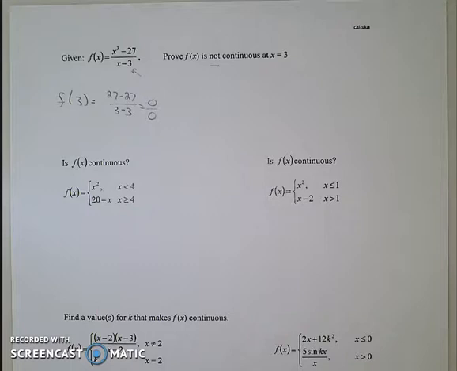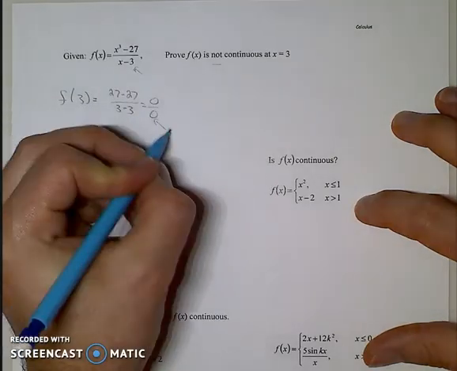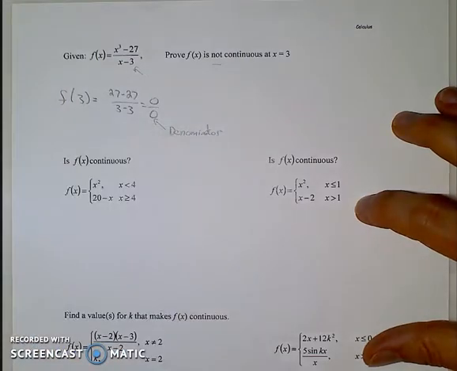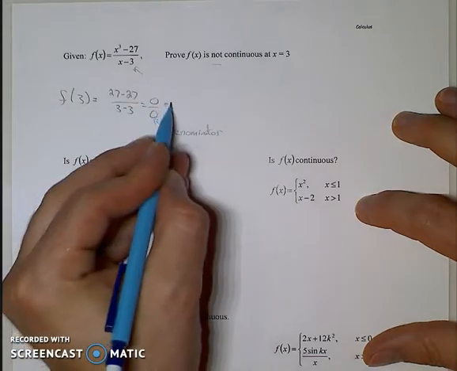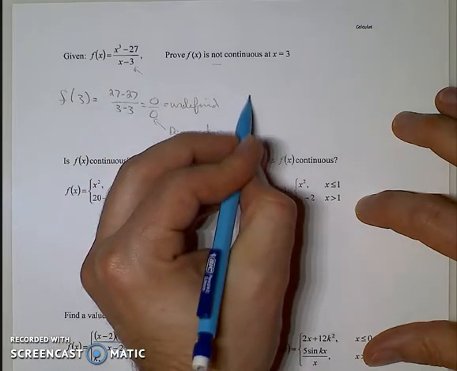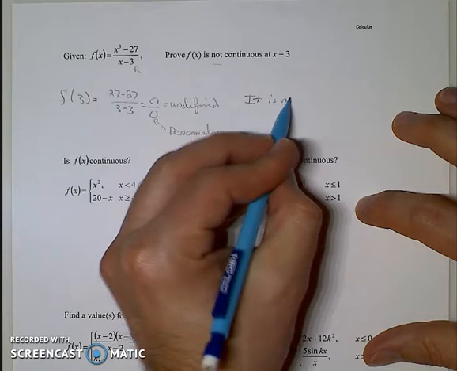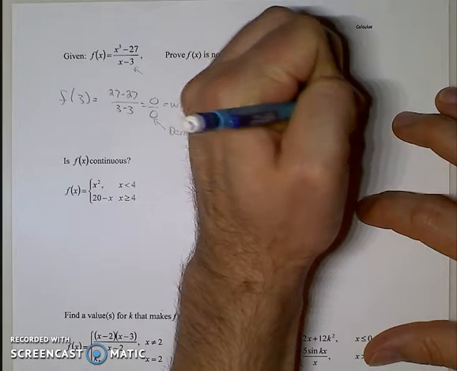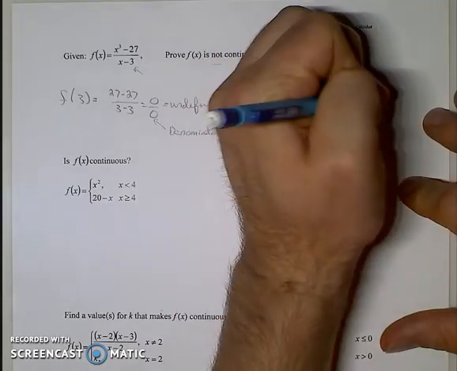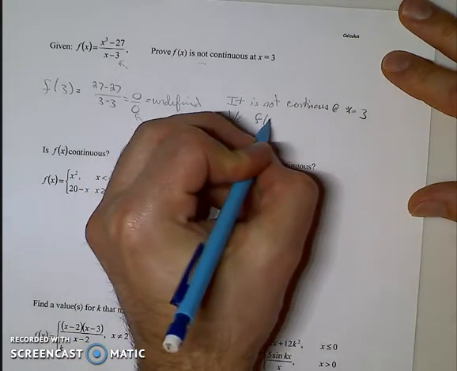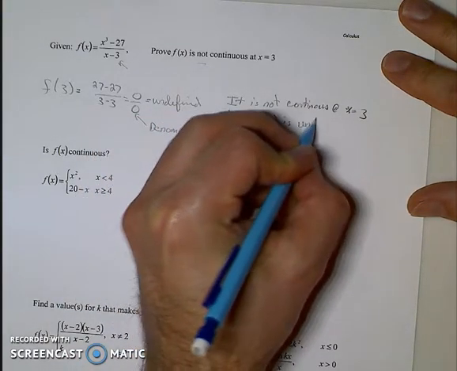But since the denominator equals 0, and we're not looking for a limit, we know that this is undefined, and so it is not continuous at x equals 3, because f of 3 is undefined.